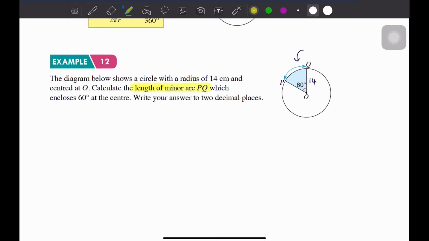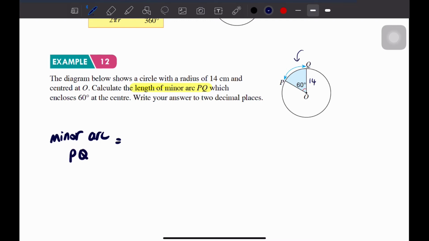The minor arc is a part of the circumference, so you must use the formula of circumference. We can write it as minor arc PQ.